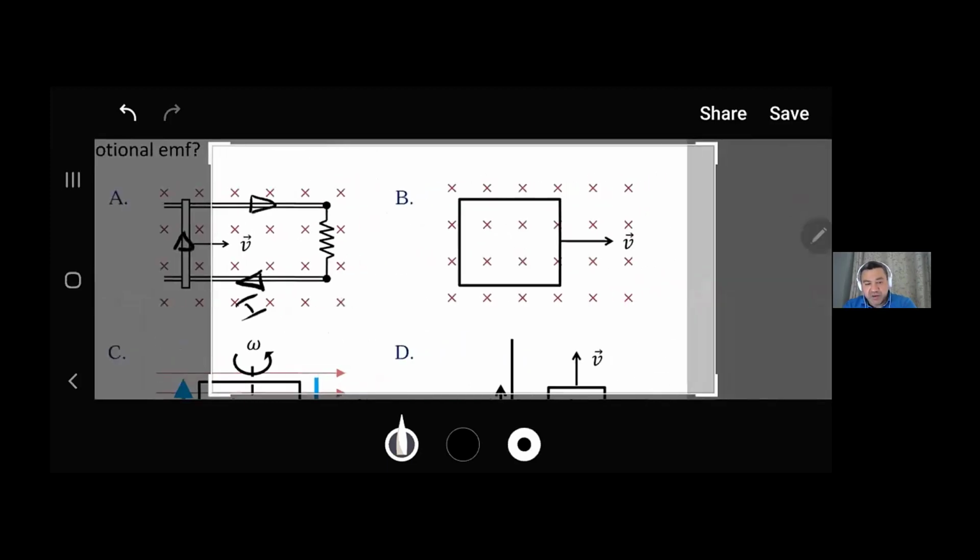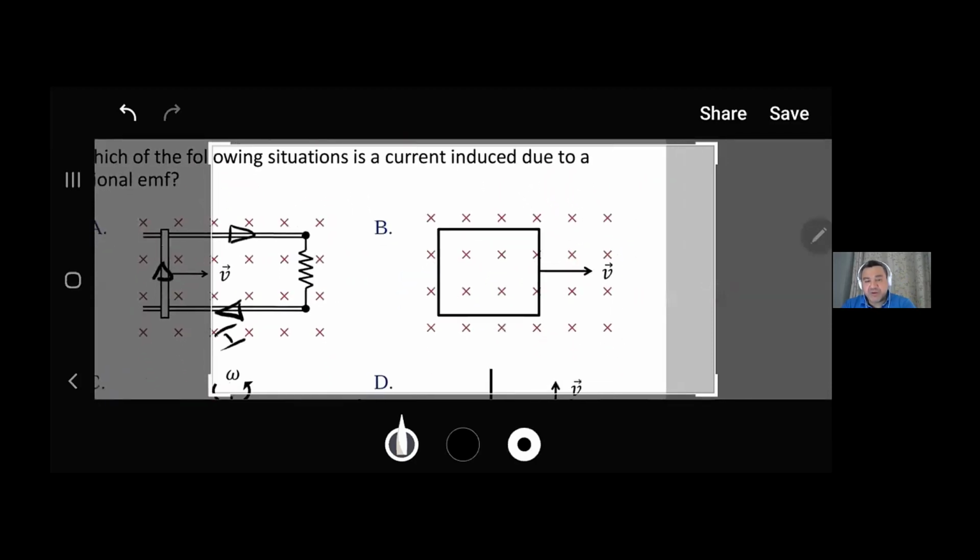What about case B? In case B, we have a uniform magnetic field that has a loop going in this direction with this velocity from left to the right. So there are no changes in the flux.